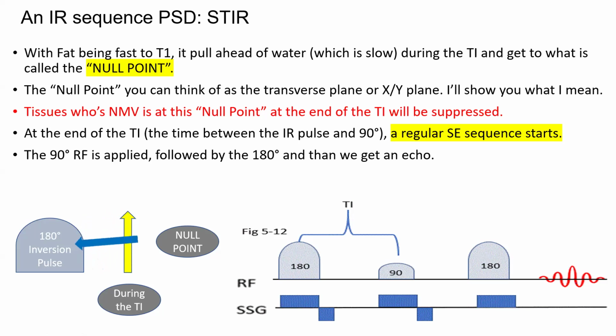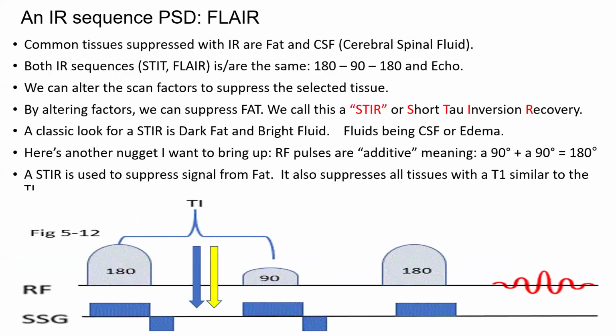Guess what? FLAIR does the same thing. Follow those yellow and blue arrows. I'm going to blow through this real quick. The 180 knocks them all down into the negative longitudinal. During the TI, fat goes all the way back. It completely T1 relaxes, because don't forget the TI is long. During the TI, water gets into the null point.